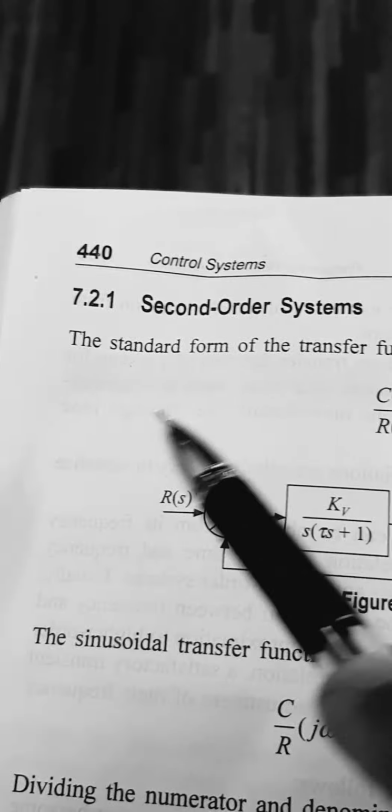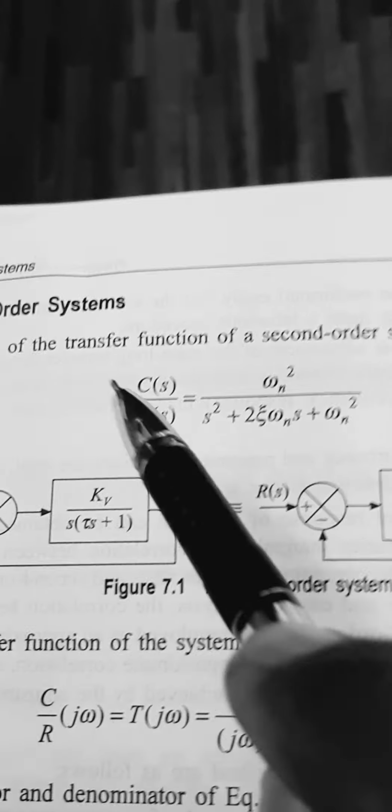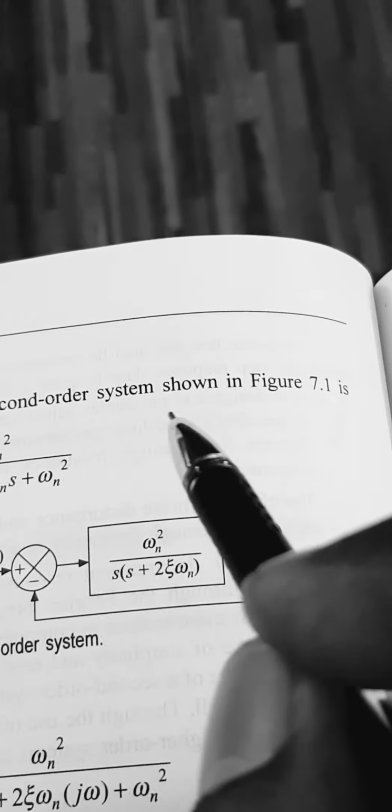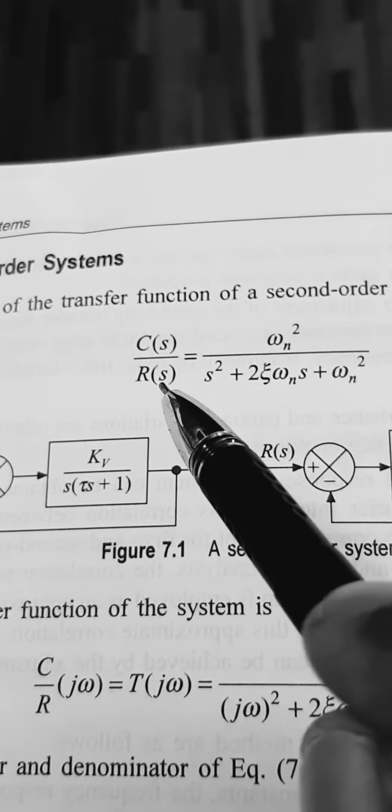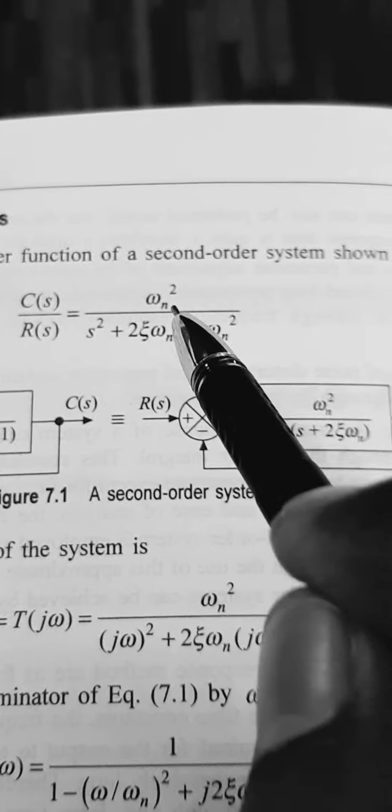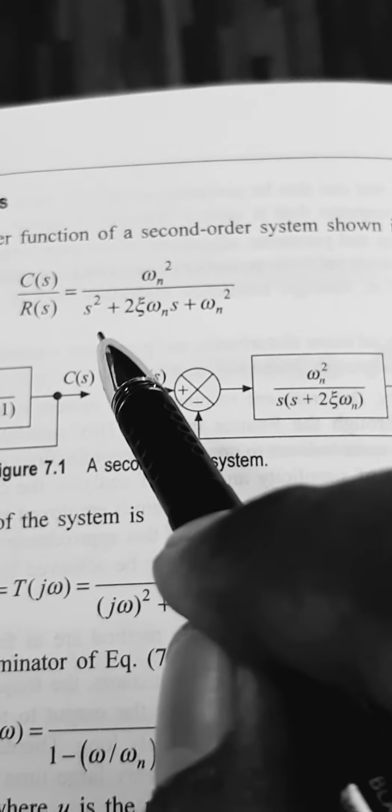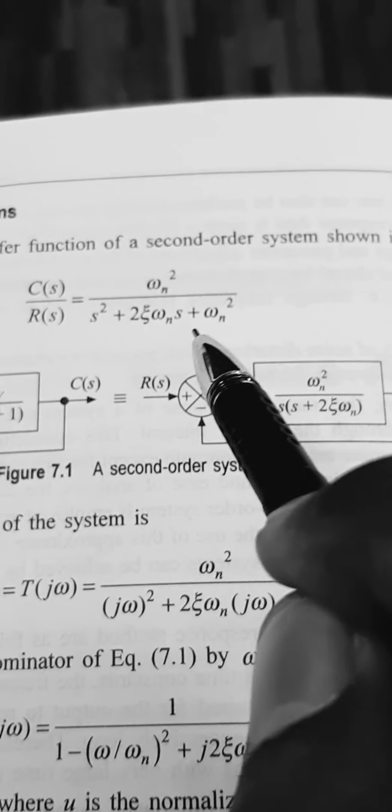Now, we will consider a second order system. The standard form of the transfer function of the second order system is shown in the figure. C of s divided by R of s is equal to omega n square divided by s square plus 2 psi omega n s plus omega n square.